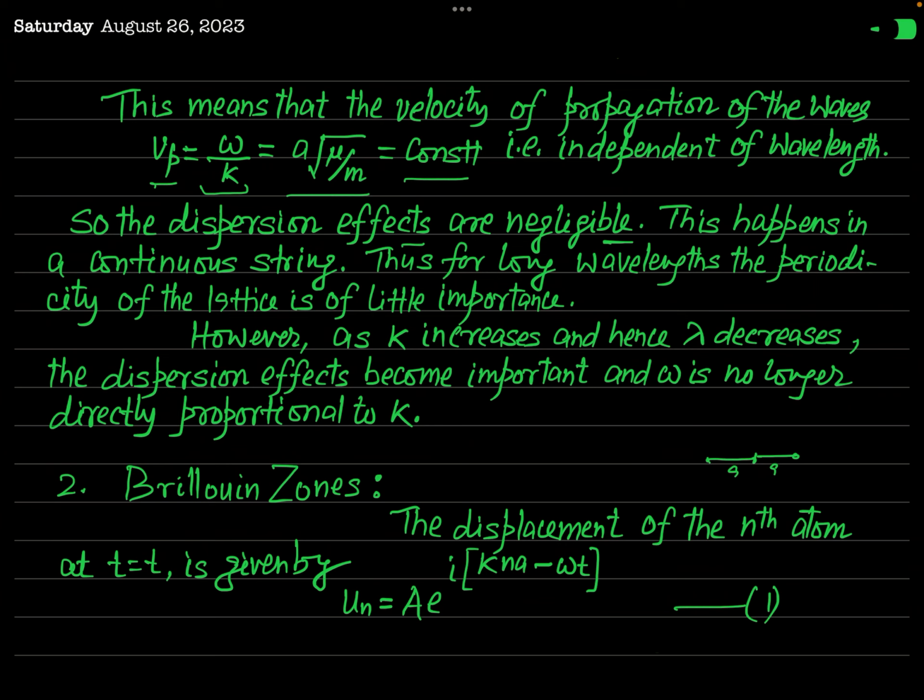But if we now consider that our monatomic linear lattice is just like a string where the atoms are not separated but are in contact with one another, in that condition a will tend to 0, and then the wavelength lambda will tend towards infinity, and we will get the situation which I have just told you.